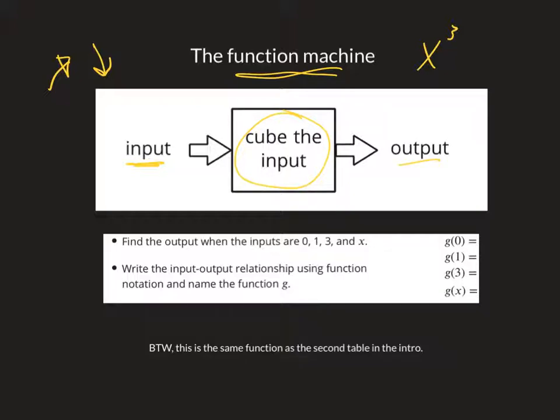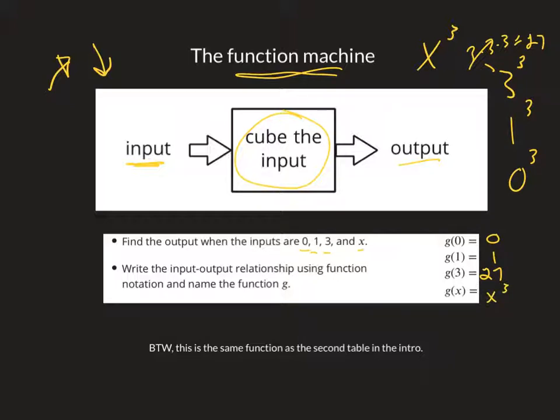So find the outputs when 0, 1, 3, and x are the inputs. Well, 0 raised to the third power is 0 times 0 times 0, which is 0. 1 raised to the third power is 1 times 1 times 1, which is 1. 3 to the third power, as we just said, is 27. That's 3 times 3 times 3, which is 9 times 3, which is 27. And then x to the third is simply x to the third power.